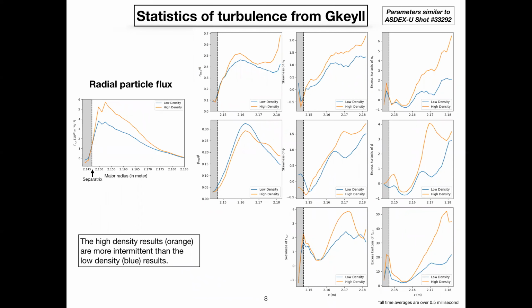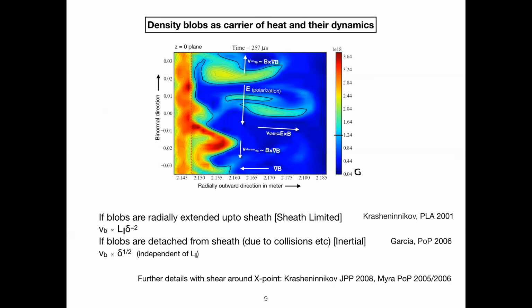We also measure the statistics of turbulence, that is the RMS fluctuation, skewness, and kurtosis of the density, potential, and radial particle flux. Density blobs are the primary carrier of heat in the far SOL region.